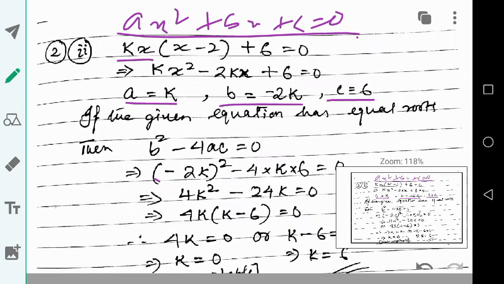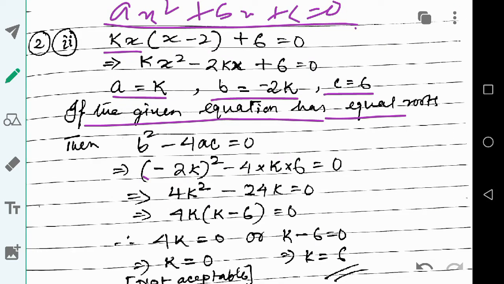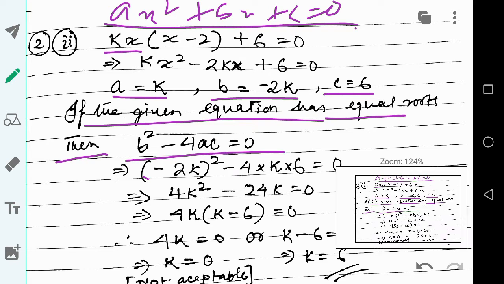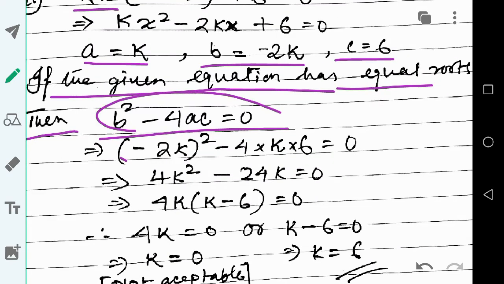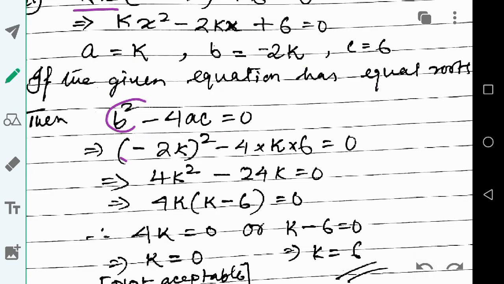So if the given equation has equal roots, then b square minus 4ac must be equal to 0. Now put the values of b, c, and a in this equation. Here b square, b is minus twice k, so it is minus twice k whole square. Then 4, a is k, and c is equal to 6.